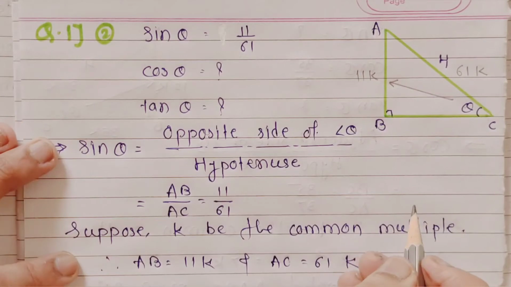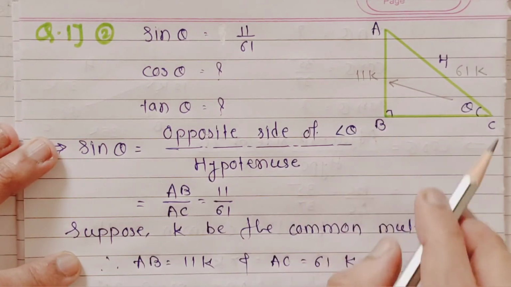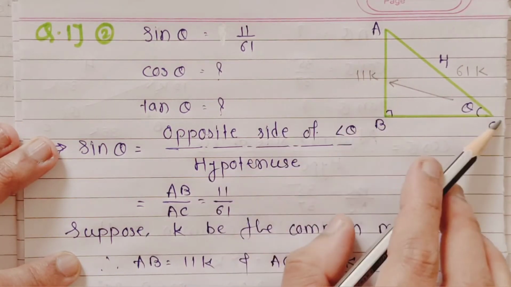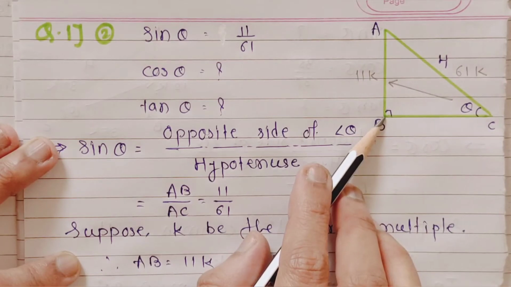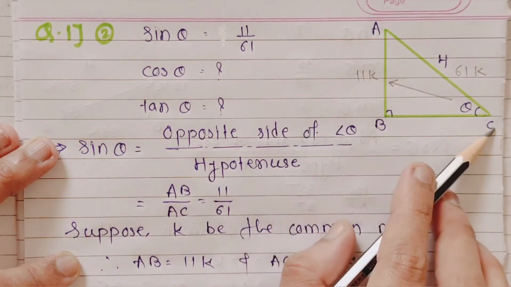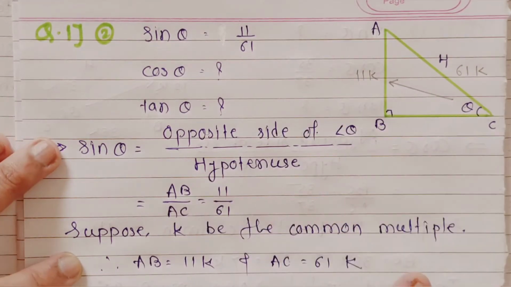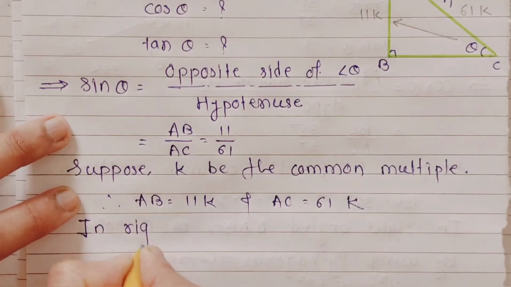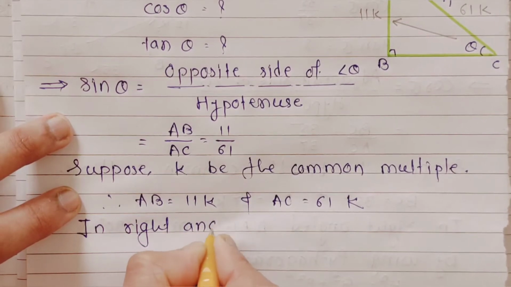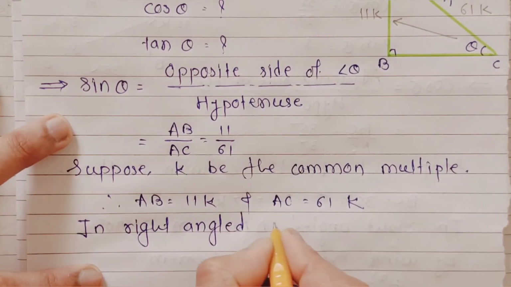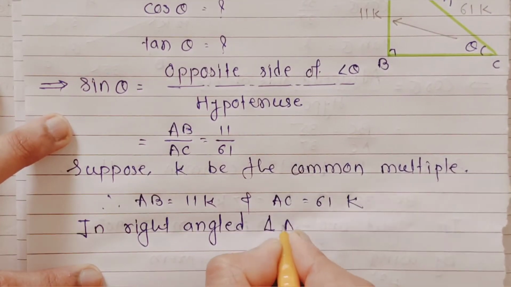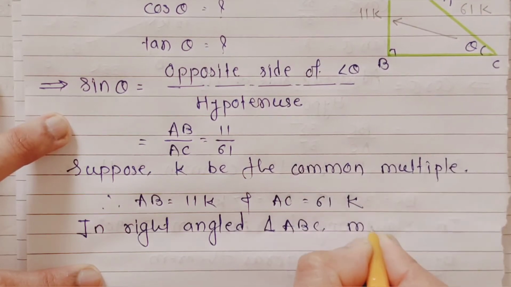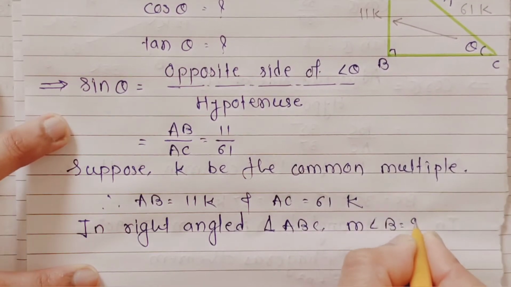So we have to find out the length of BC. So in triangle ABC, angle B is equal to 90 degree. That means ABC is nothing but a right angle triangle. So in right angle triangle ABC, measure of angle B is equal to 90 degree.